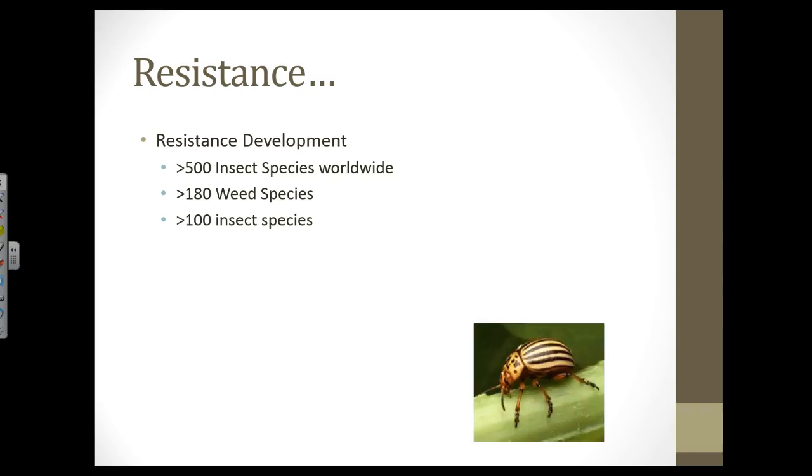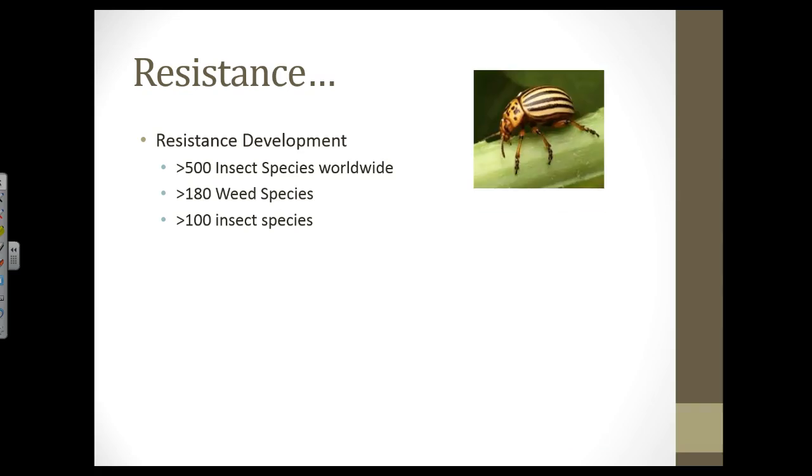Anybody know what that guy is? Yeah. Colorado potato beetle. Different populations around the country have shown resistance to every single mode of action. It's not just different areas combined.